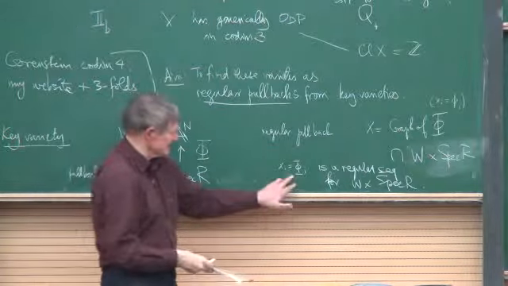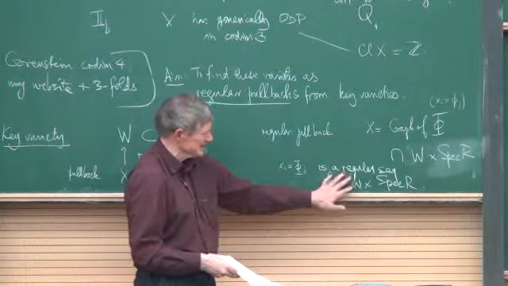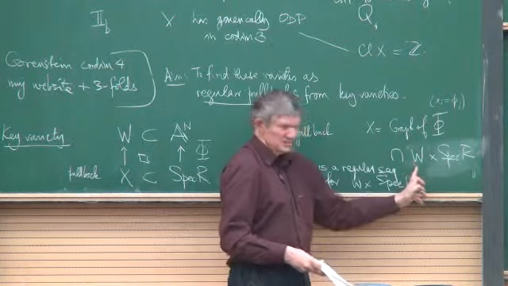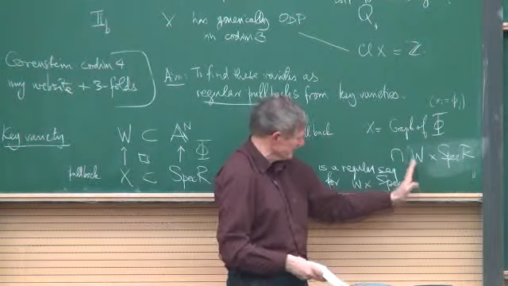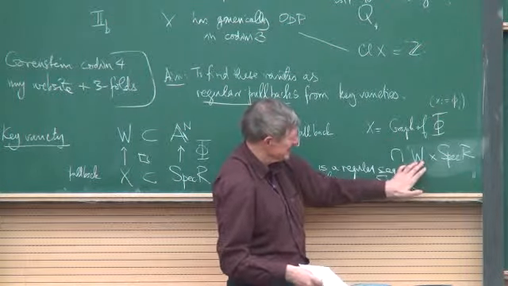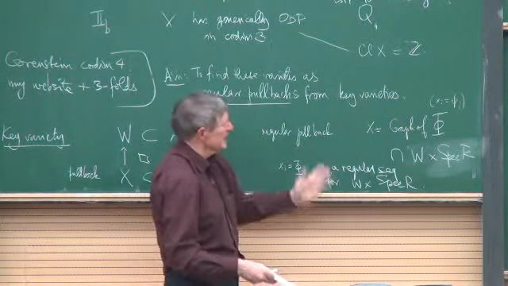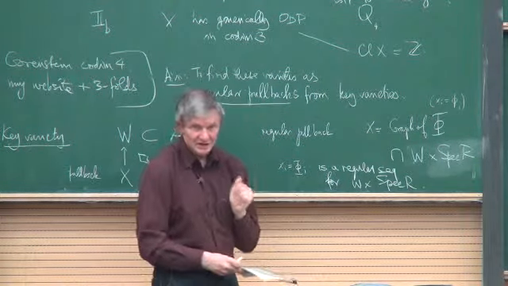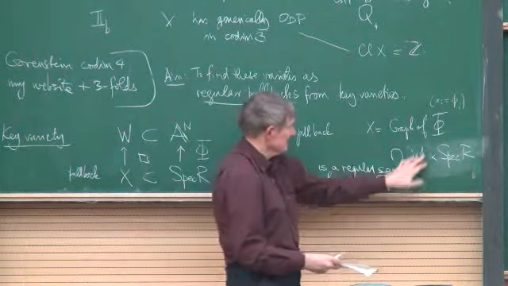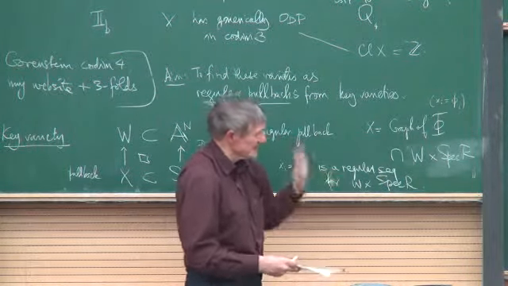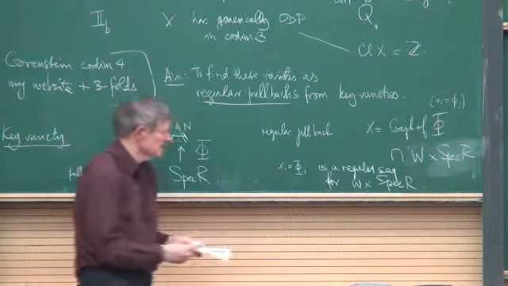So this condition here, asking for these guys to be a regular sequence, is particularly easy if this ring is Cohen-Macaulay. If we know that W is Cohen-Macaulay, which we certainly know there, then the condition here is just that when I cut down to the right codimension, by making this substitution, I keep the codimension the same.